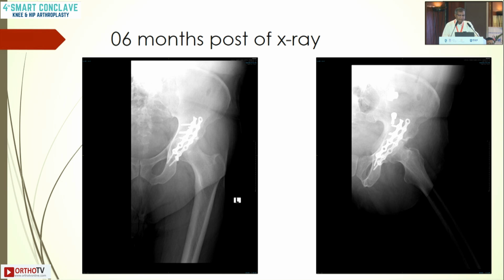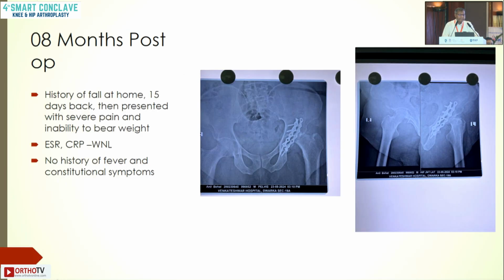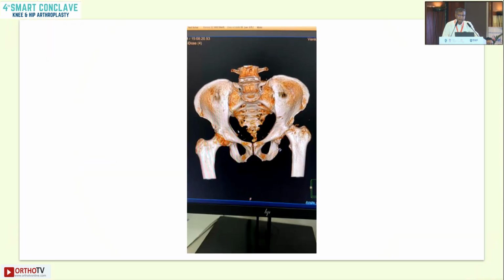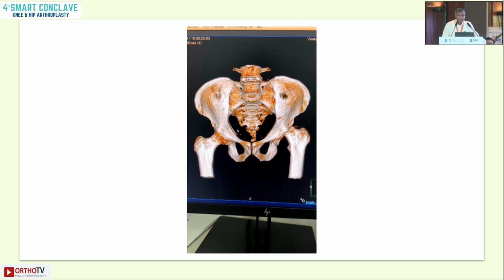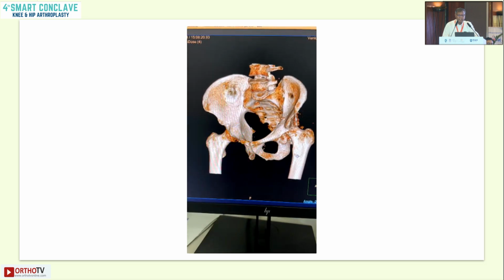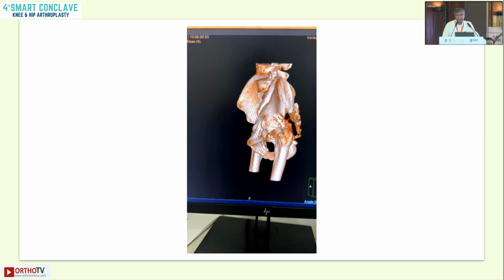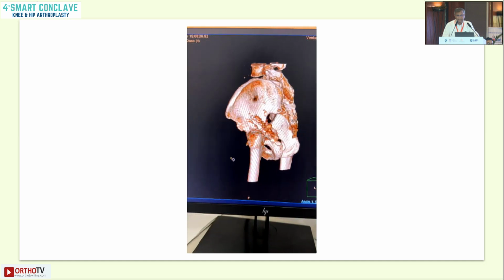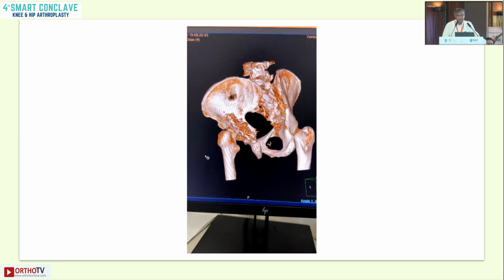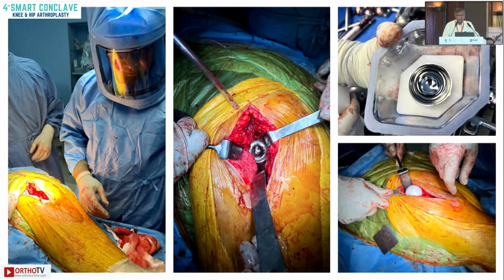This patient had a sciatic nerve palsy. So after 8 months, he had a history of fall at home, and he came this way. So a 3D CT scan was done, and you can see where everything was in its place, but there was a femoral head fracture.